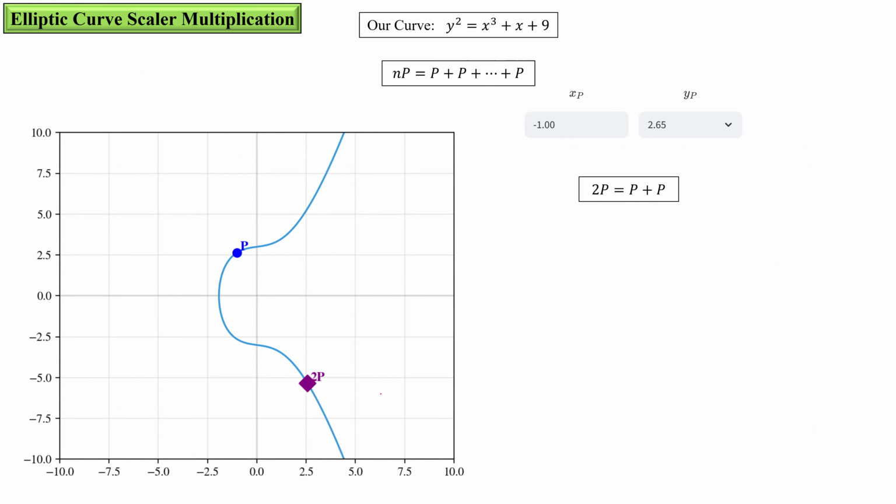Okay, now we want to compute 3P, which is P plus 2P. So we have 2 points, P and 2P.